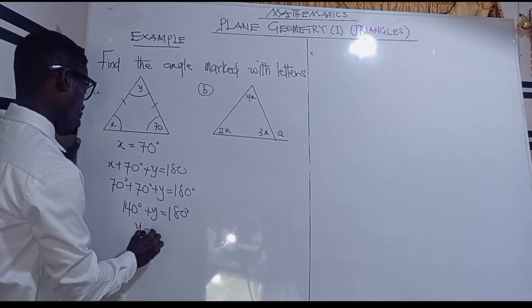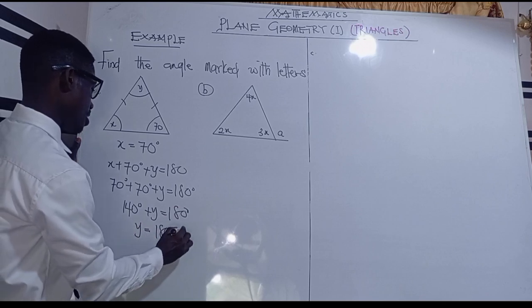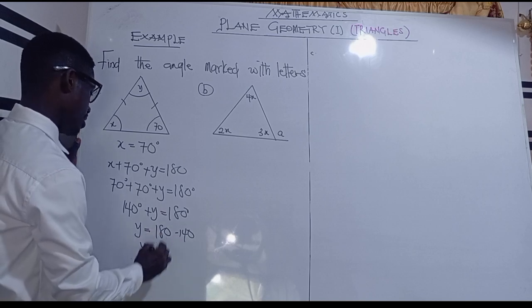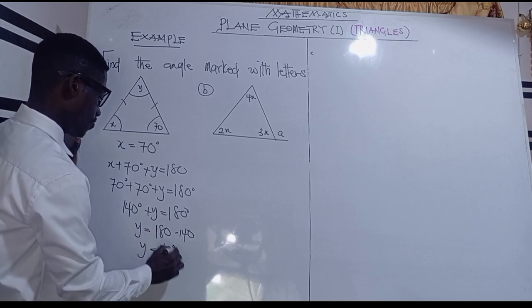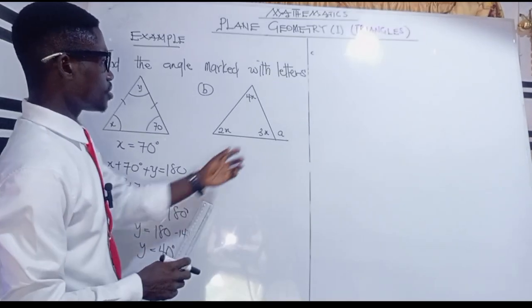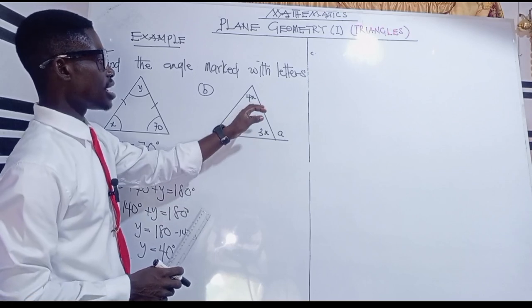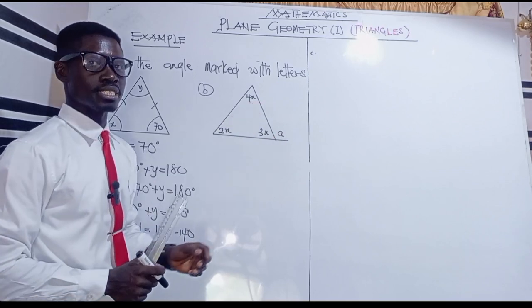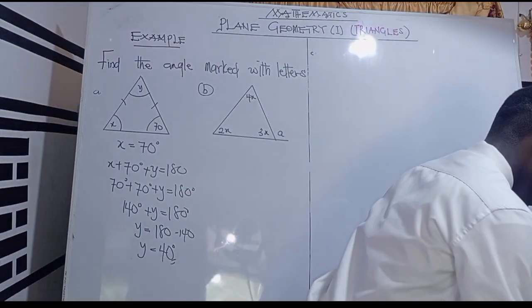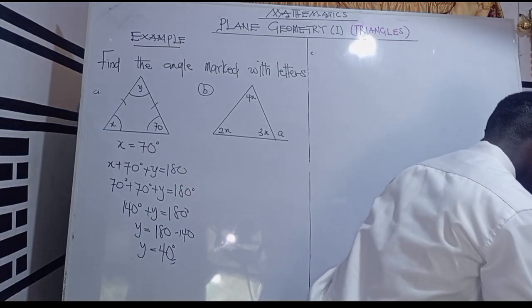So we can say that our y is equal to 180 minus 140. Therefore, our y is equal to 40 degrees. Very, very simple. Now, I want you to try your hands on this. Find the value of x and then angle A. Try your hands on it, and then we take another example.